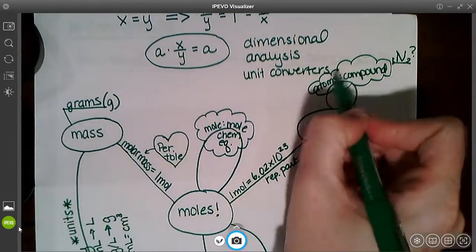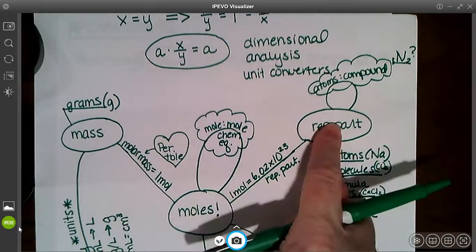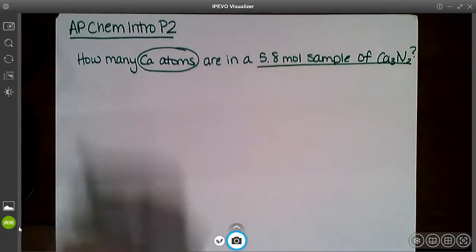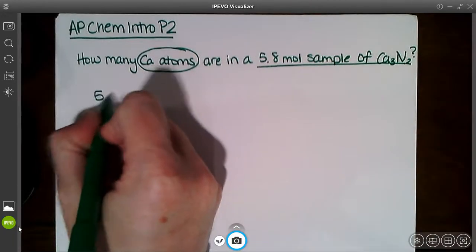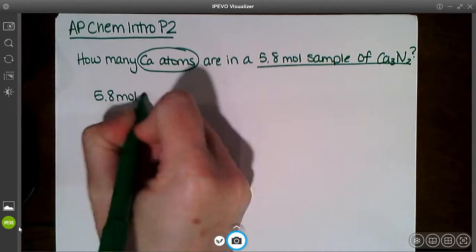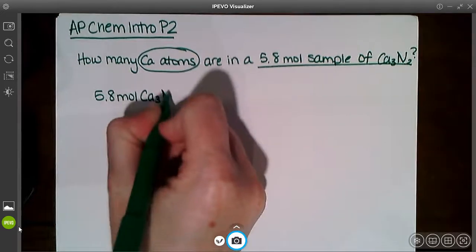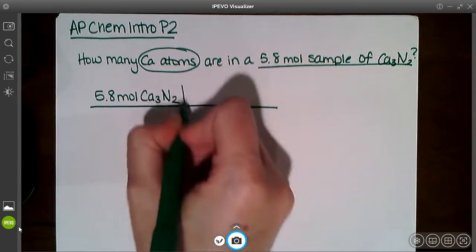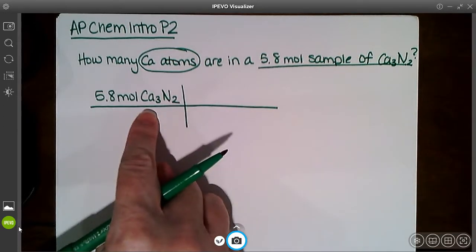These are our conversions. So we can only do a conversion in moles or represented particles. But always start with what you know. I've got 5.8 moles of calcium nitride. I'm going to get out of moles of calcium nitride because that's not what I want.